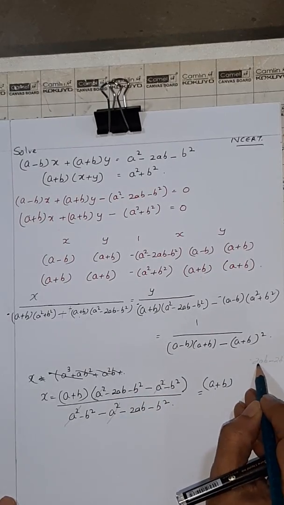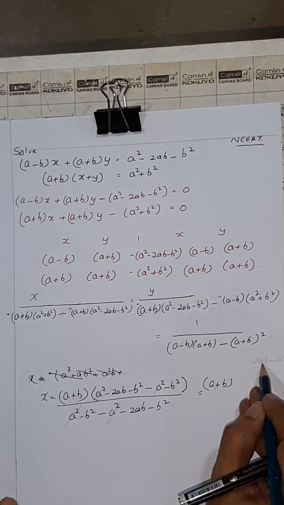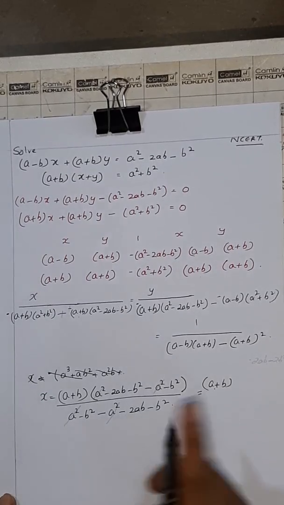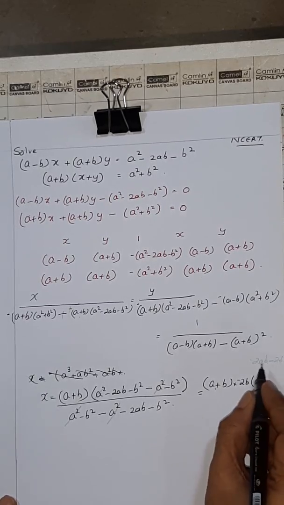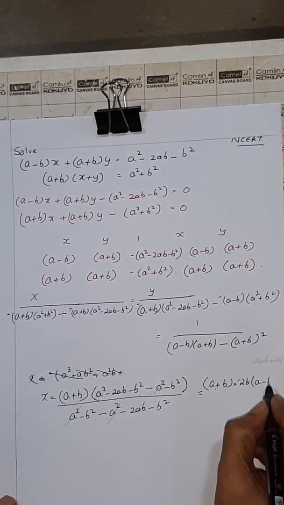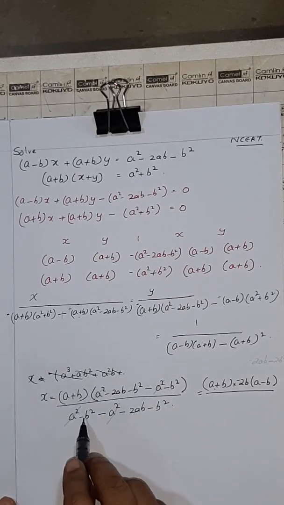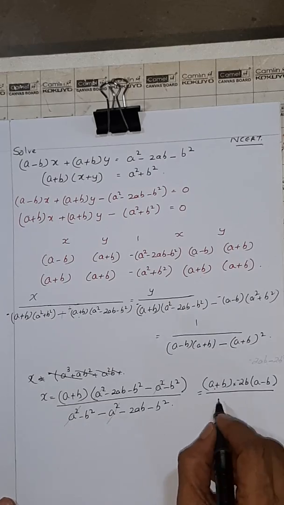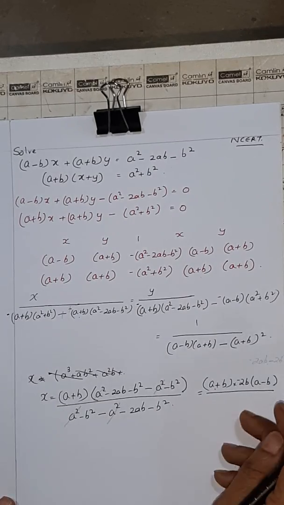So I will take out minus 2b, so you are left with a minus b by, here you are left with minus 2b squared minus 2ab squared.